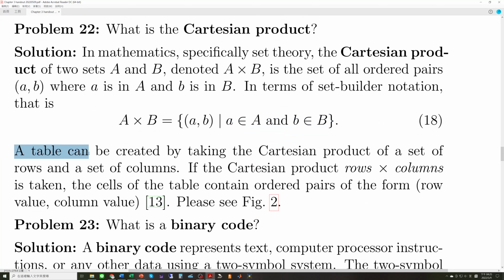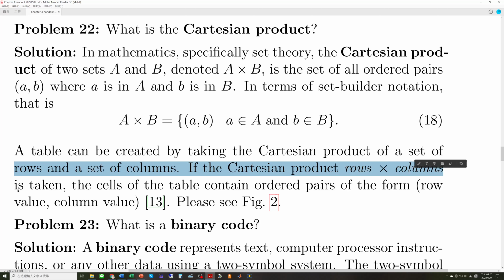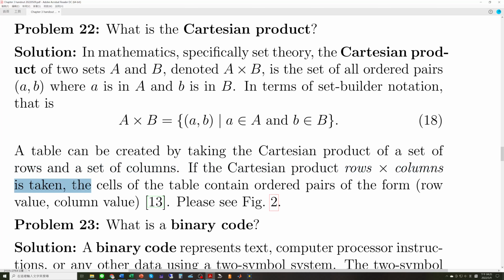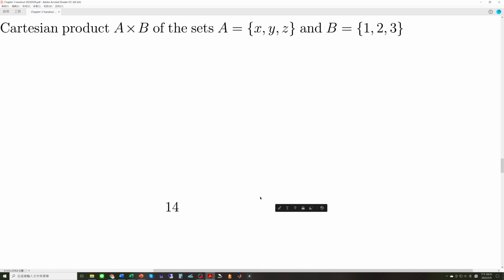A table can be created by taking the Cartesian product of a set of rows and a set of columns. If the Cartesian product rows times columns is taken, the cells of the table contain ordered pairs of the form (row value, column value). Please see figure 2.